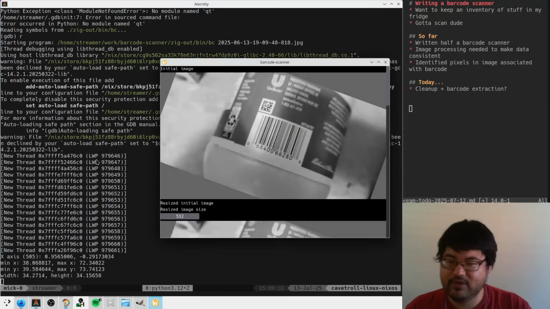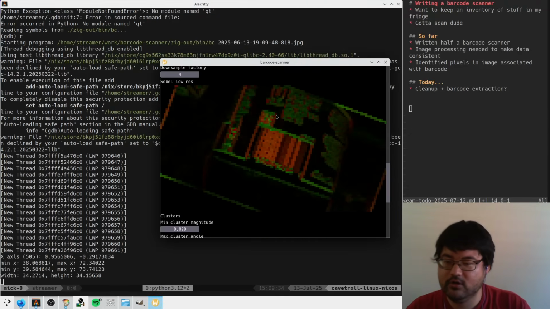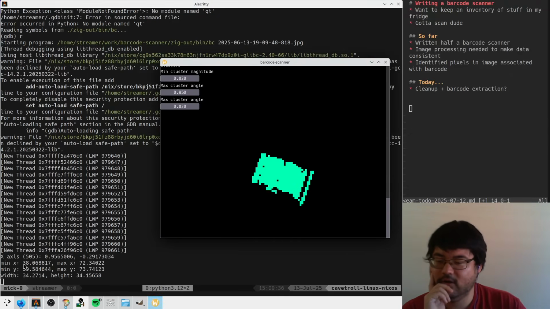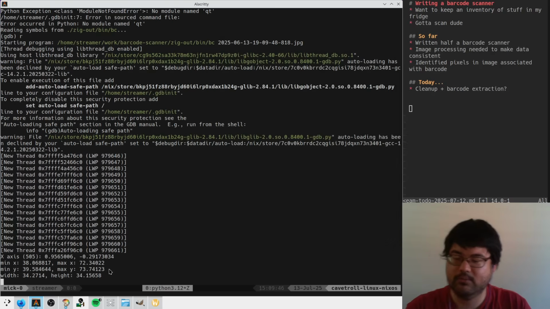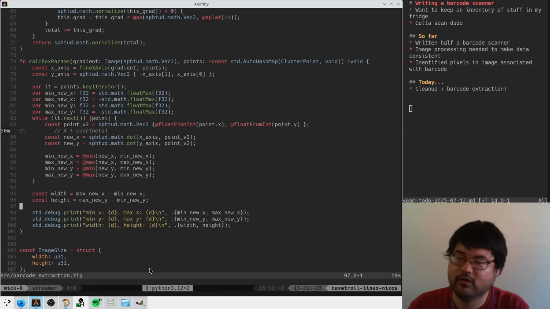Something about this doesn't feel right, huh? So here we have min x 38, max x 72. Min y, max y. Can we look at them before as well?